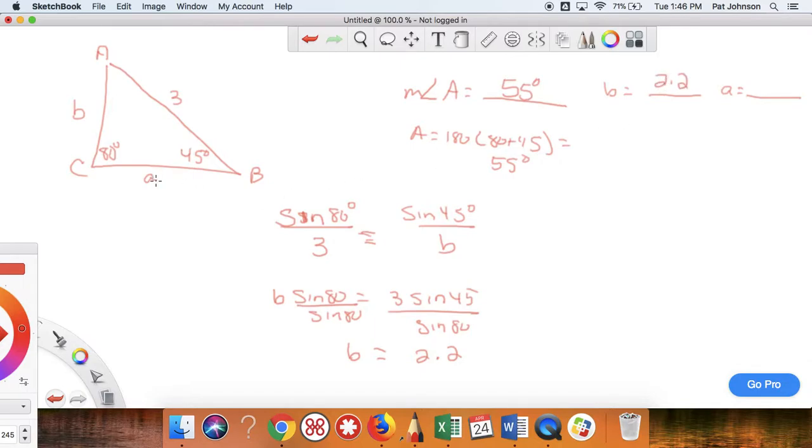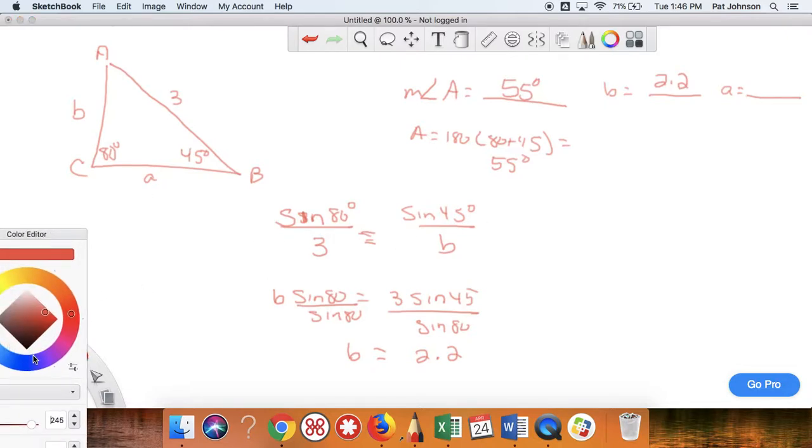Okay, so how do I find little a? I'm going to change colors just so you can see. Sine of 45 degrees. Oh, I don't want sine 45, what is a? So now we know that A is 55. We found that. So we want to find sine of 55 degrees over the side opposite, a, we don't know it, equals what was given, sine of 80 over 3.